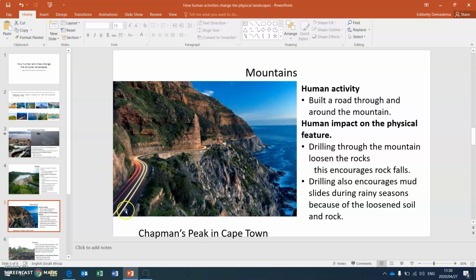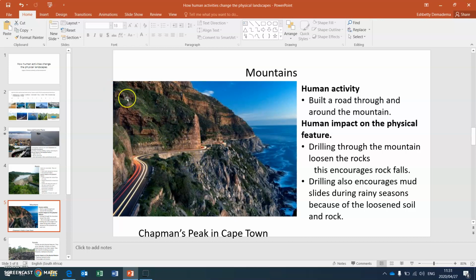They have actually drilled through this area, and when you drill, you're actually shaking the ground and loosening it, and this encourages rocks to fall from the mountains. So you find that time and again, because of that movement, you actually encourage rocks to fall down this mountain.